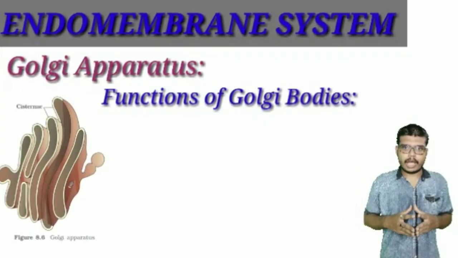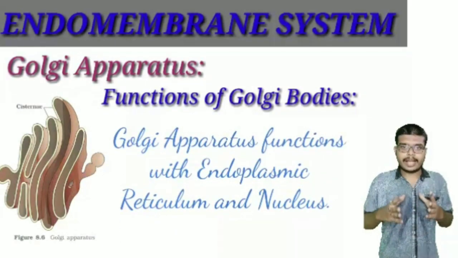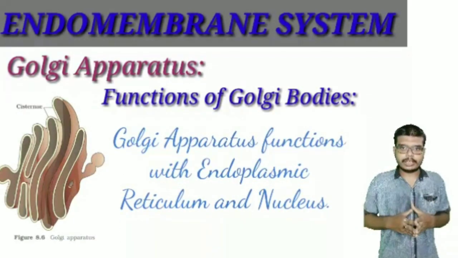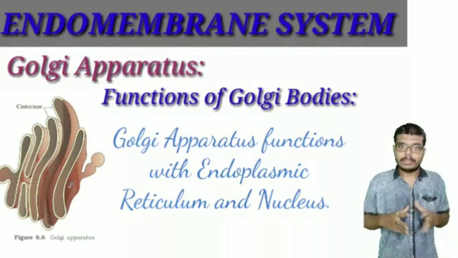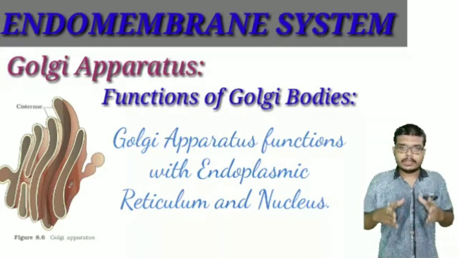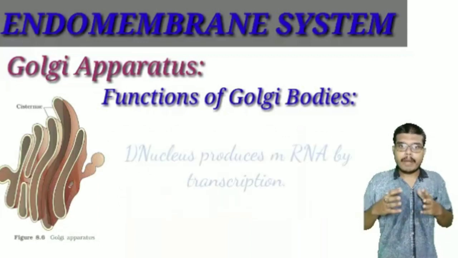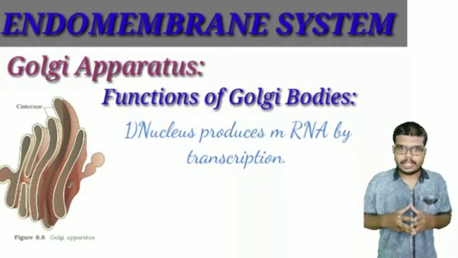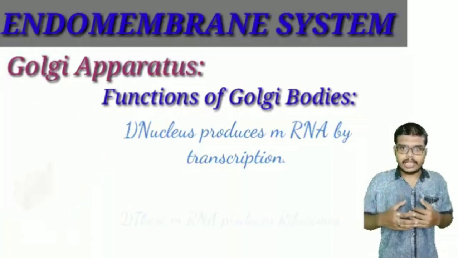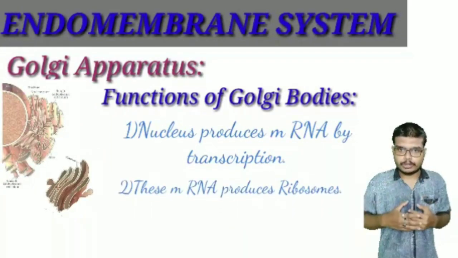Now I will discuss the function of Golgi bodies. The Golgi body cannot function as a unit. It functions with the nucleus and endoplasmic reticulum. The nucleus produces mRNA by transcription, and this mRNA is used to produce proteins on ribosomes.